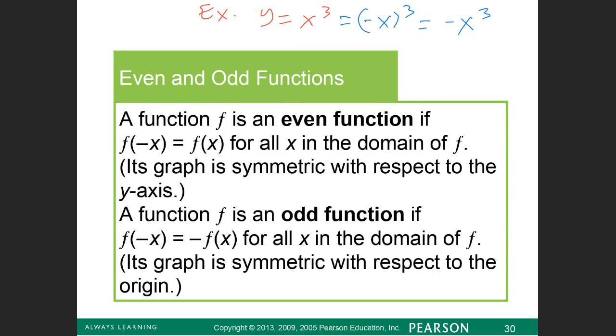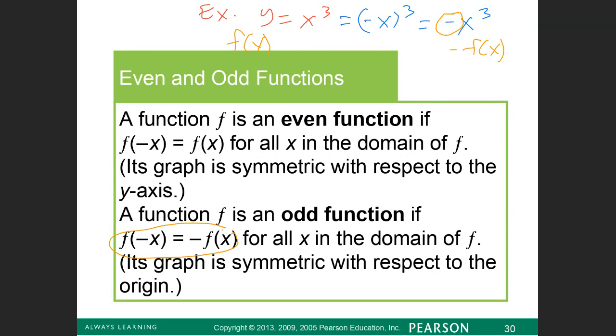So as you can see here, you will get a negative f of x. Your f of x actually is your y here, and that's exactly what we have here. So that's negative f of x.